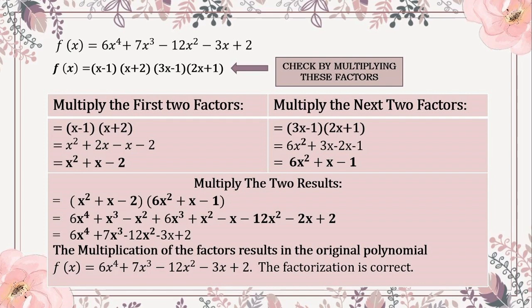We get the same polynomial function that is given in our problem, which is f of x is equal to 6x to the power 4 plus 7x cubed minus 12x squared minus 3x plus 2.